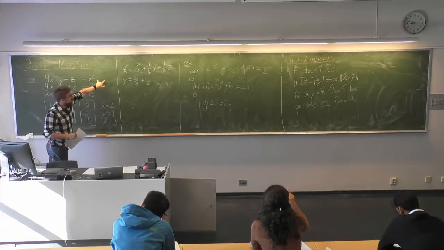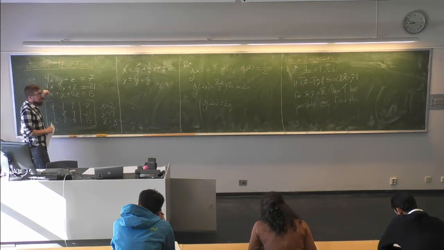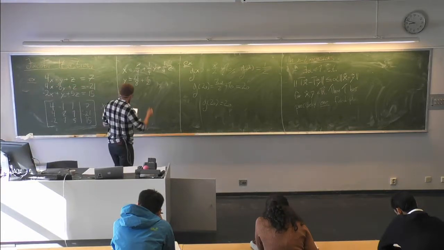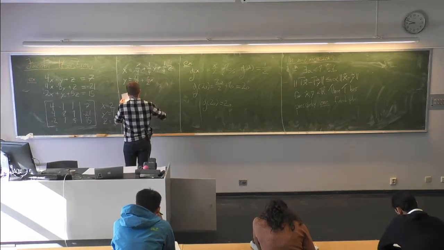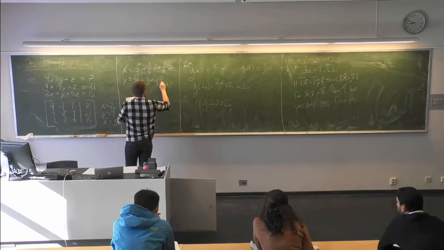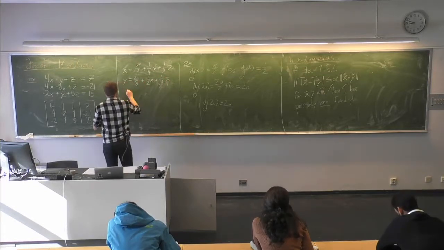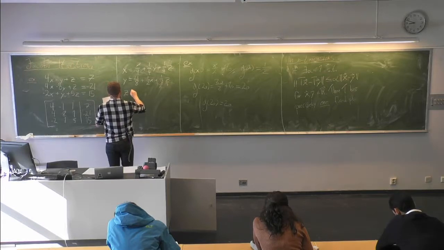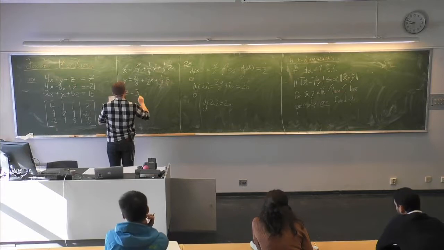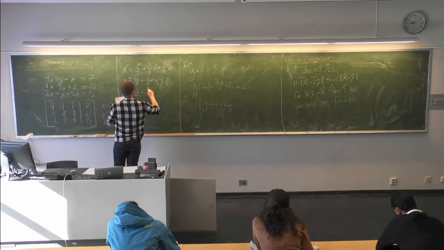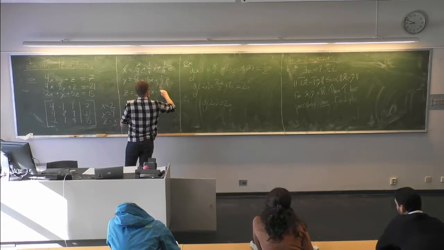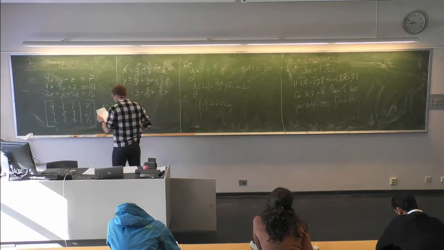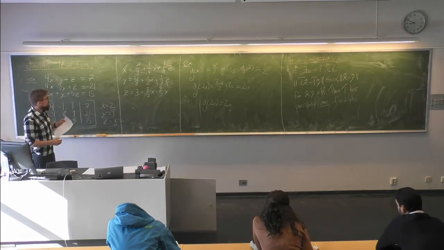You move this over there and divide by 8. And then the last one, z equals 3 plus 2/5 x minus 1/5 y. Okay, so now we basically have a new system of equations.